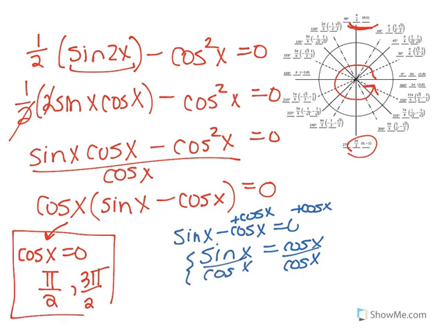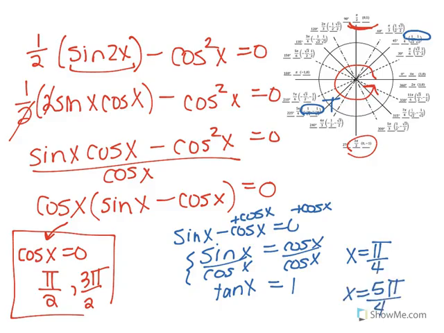And what this does is it allows me to turn this side into tangent x and this side into a 1. And tangent is going to be 1 right here, 1 over 1. It's also going to be positive down here at -1 over -1. So our answers would be pi over 4 and x equals 5 pi over 4.